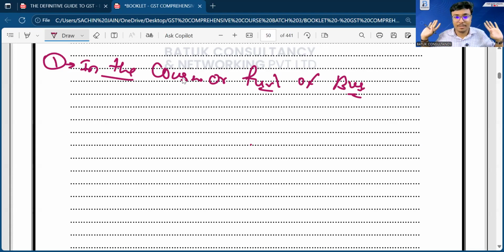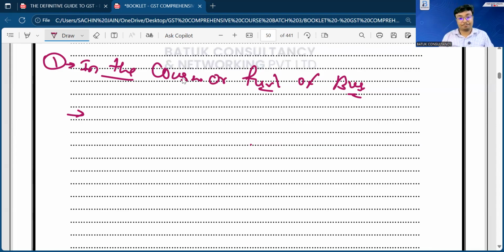So at that point of time, government was of the view that if we are not imposing certain further conditions, there may be issues regarding the input tax credit. So government has made certain conditions, and government said that Mr. Sachin, if you want to claim the input tax credit, then you have to follow certain conditions.